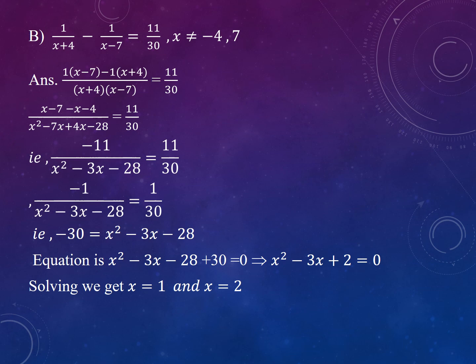Rearranging the equation in the standard form will be x square minus 3x plus 2 equal to 0. Applying our quadratic formula, we can find out the values of x. They are x is equal to 1 and 2. Therefore, the roots are 1 and 2.